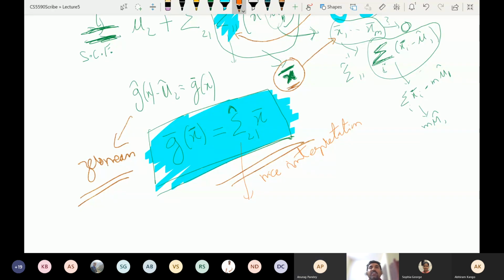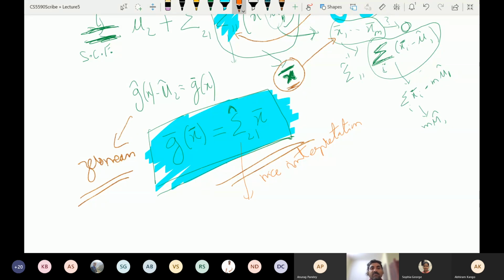So what we are saying is just take the normalized inputs, multiply it with the covariance of the inputs and the outputs, then whatever you get is the normalized version of the output, right? So that is a very satisfying explanation, right? So if all my relations were linear, then this would exactly be my equation, right?